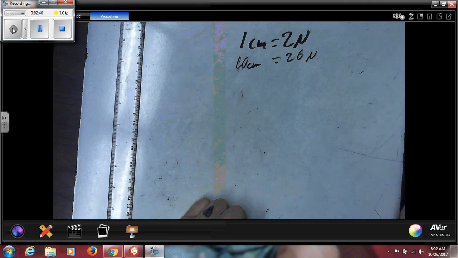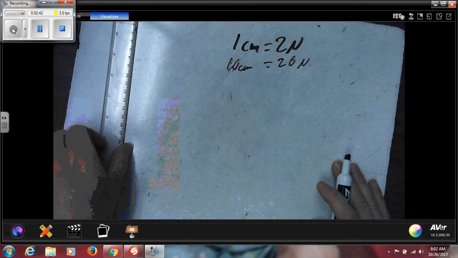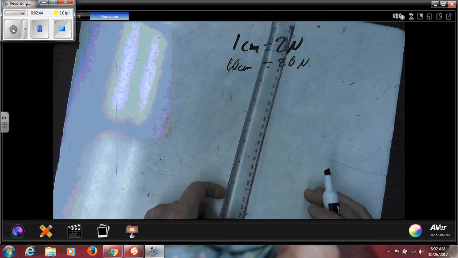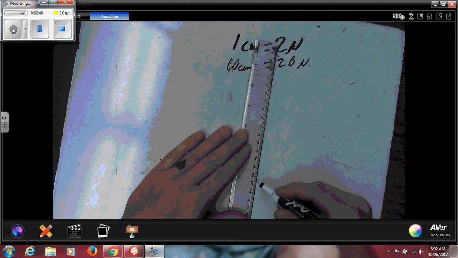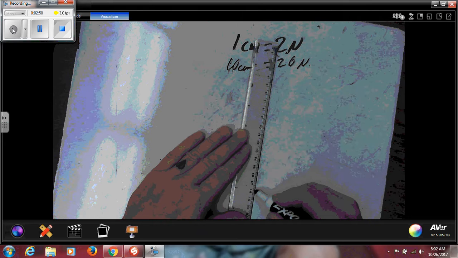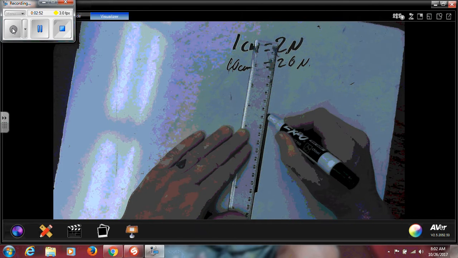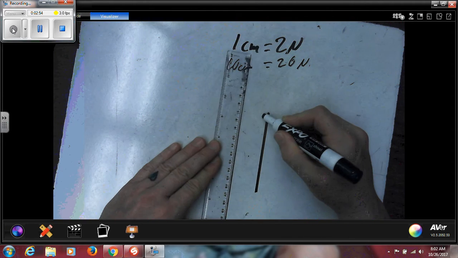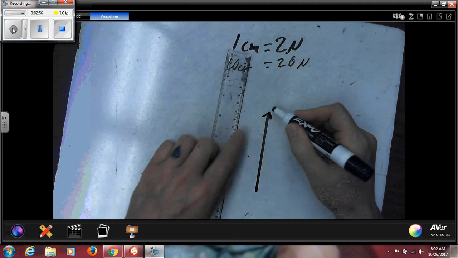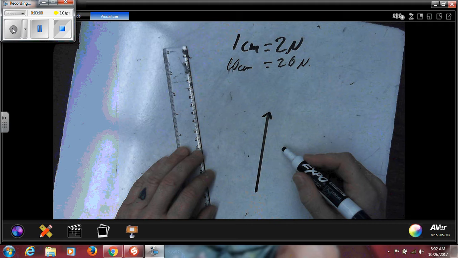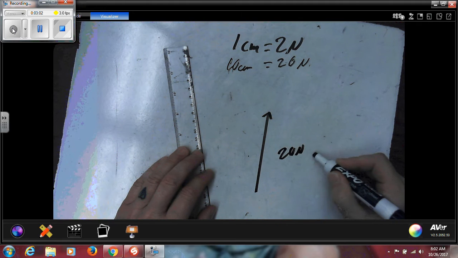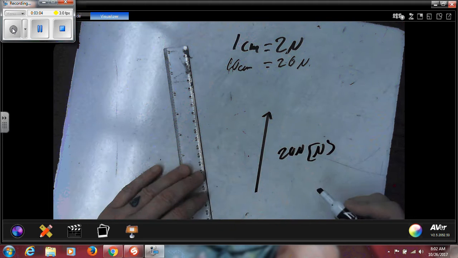It's pretty easy math. So to draw the north vector, remember, vectors need both magnitude and direction. I have to draw one that's 10 centimeters long, with a direction. So from there to there, it's 10 centimeters, and that's going to represent my 20 newtons straight north.